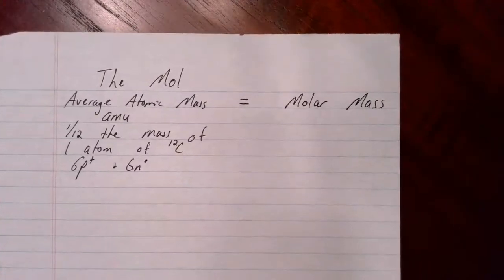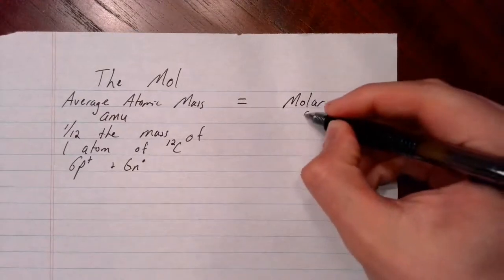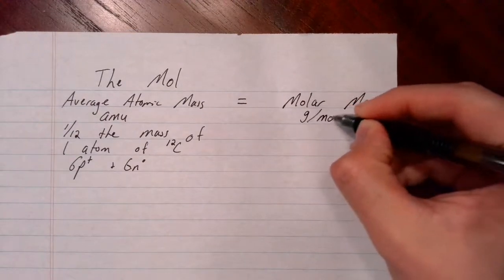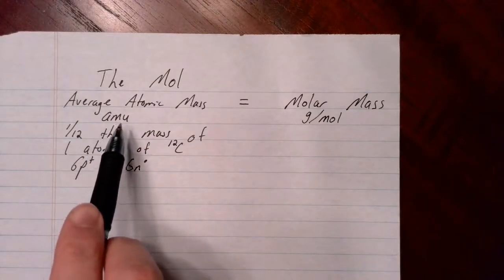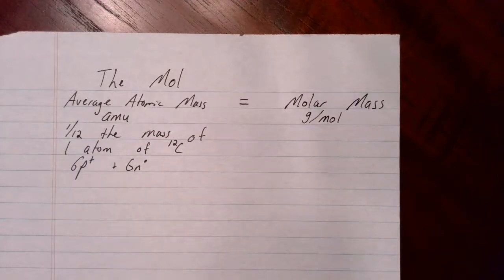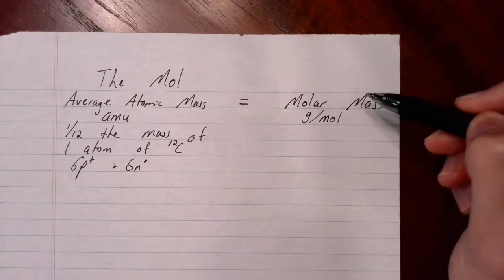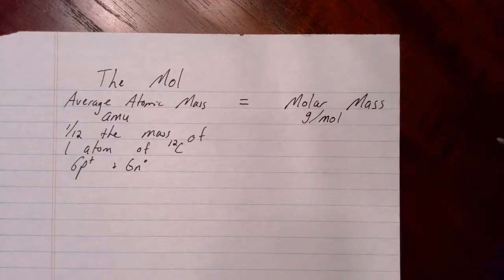So average atomic mass and molar mass are the exact same number off the periodic table, but whereas average atomic mass has units of AMU, molar mass has units of grams per mole. So we could say that for any atom, its average atomic mass is the average mass of one of the atoms in atomic mass units. But the molar mass would be the same number, and it is the number of grams in 1 mole.